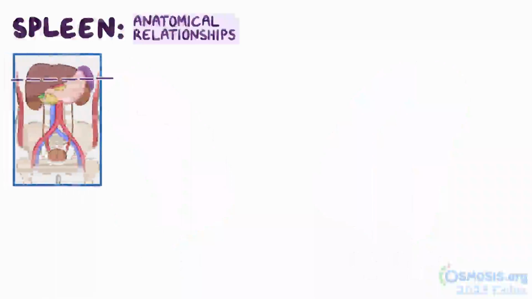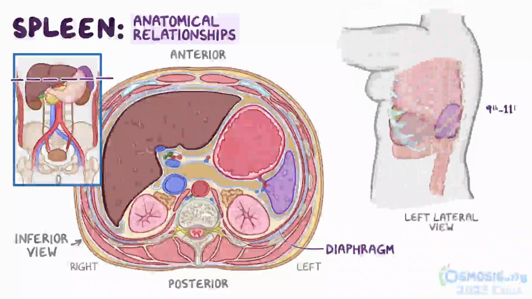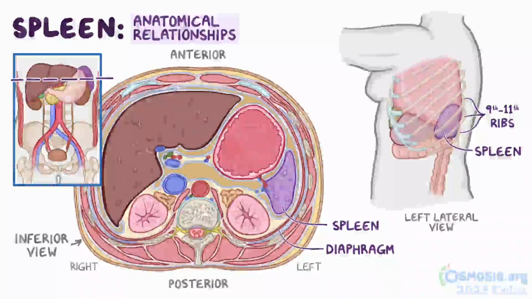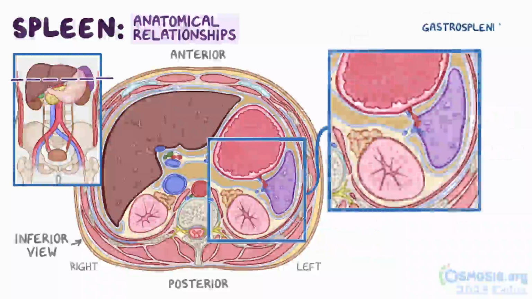Now let's break down the anatomical relationships of the spleen with its surrounding structures. The left portion of the diaphragm and the 9th to 11th ribs lie posterior to the spleen, with the diaphragm acting like a barrier between the spleen and the ribs. The stomach lies anterior to the spleen, and the two connect at the greater curvature of the stomach via the gastrosplenic ligament.